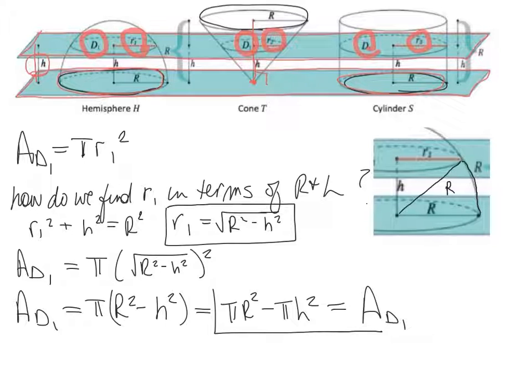That's disk 1, right? So far we have shown that the area of the cross-sectional disk of the hemisphere is pi big R squared minus pi h squared. And we're going to continue on to find the area of the other two disks with radius r2 and radius r3.